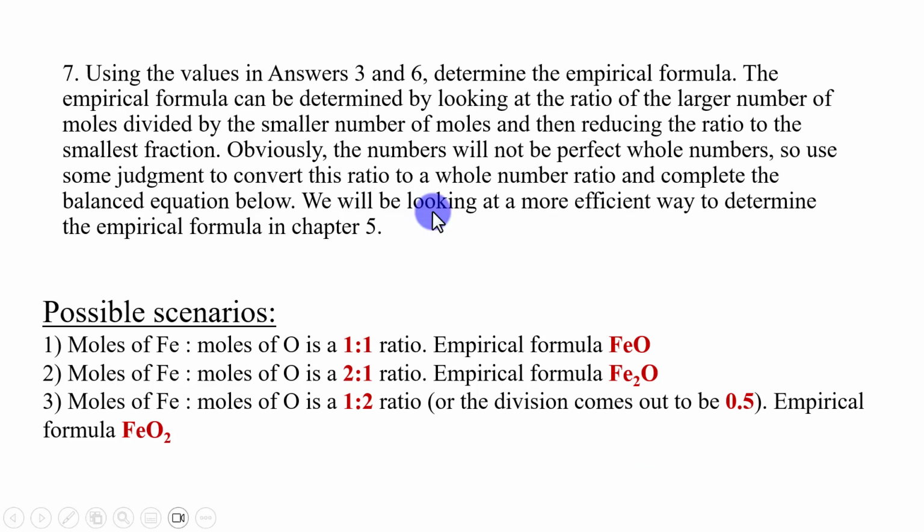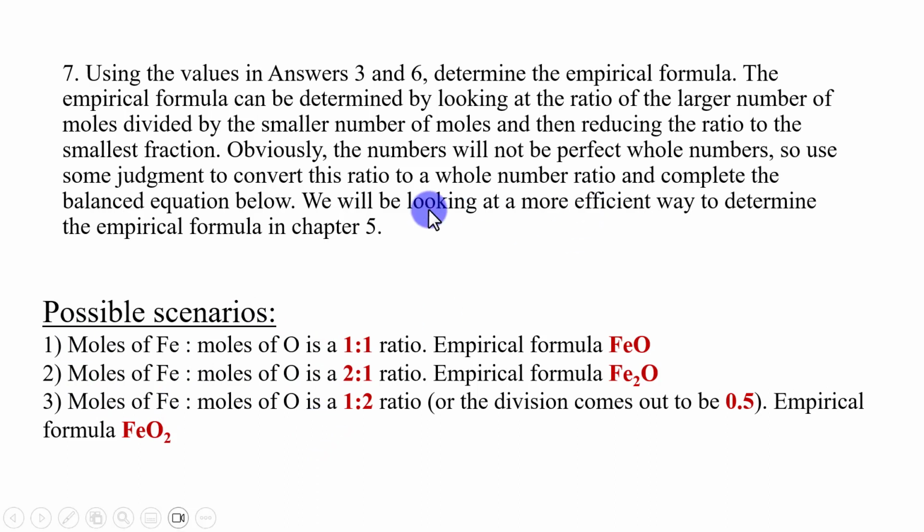Lastly, using the values in answers 3 and 6, determine the empirical formula. Now, you might get slightly different ratios, right? What we're going to try to do, you can do the larger number divided by the smaller number. This may work well or it may not. It might be easier if you just divide the moles of iron by the moles of oxygen.